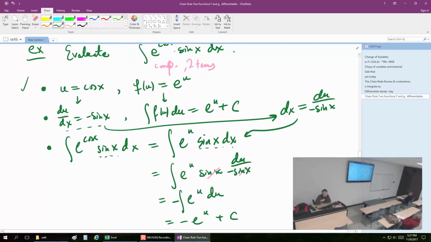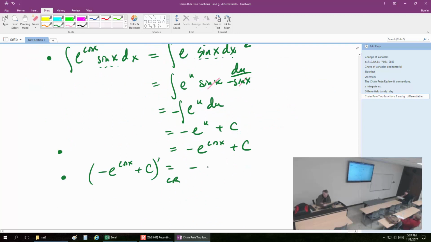The derivative is already known, it is negative sine x. So I will have e^cosine x. The derivative of e^u is e^u, times negative sine x. So we end up with the integrand, e^cosine x sine x. The answer is confirmed.